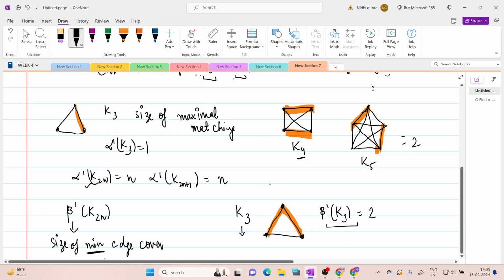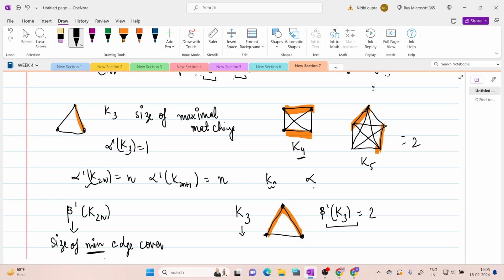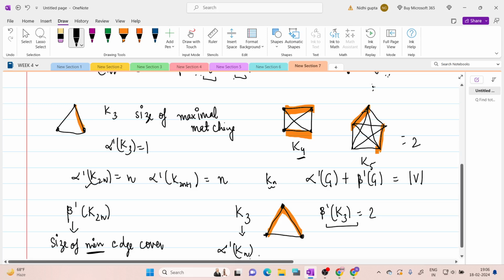Or, since Kn is a complete graph, it has no isolated vertices. We can also use the theorem which says that alpha dash G plus beta dash G is equal to the order of vertices. We have already found that alpha dash of K2n is n, and alpha dash of K2n plus 1 is also n.